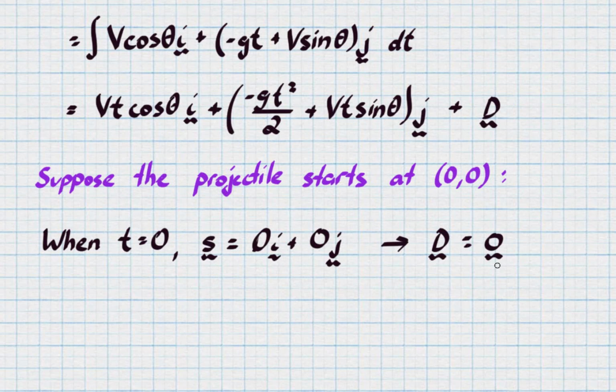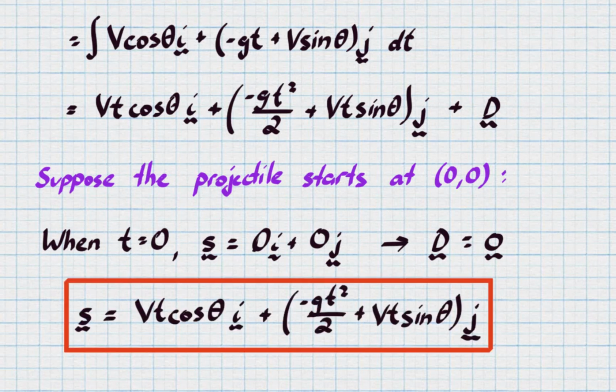And so that means we have our equation of motion for displacement. S is equal to vt cos theta i plus negative gt squared on 2 plus vt sine theta j.